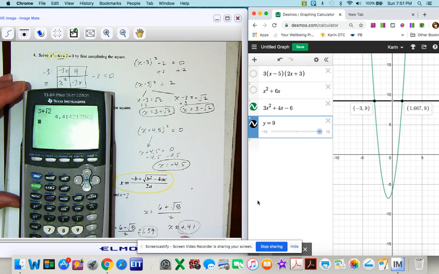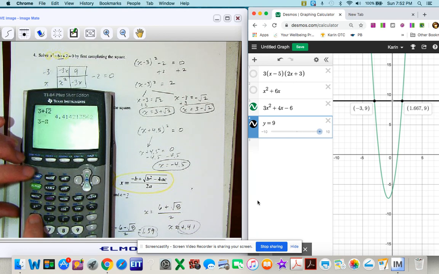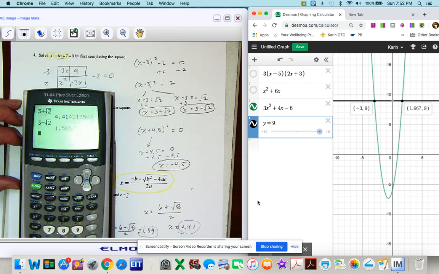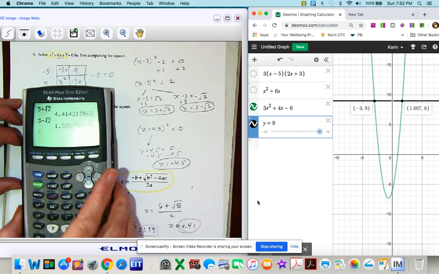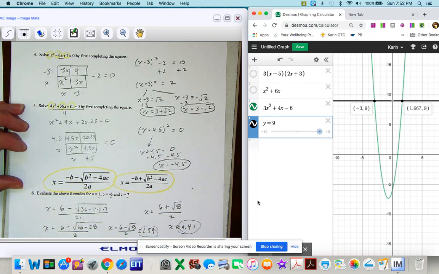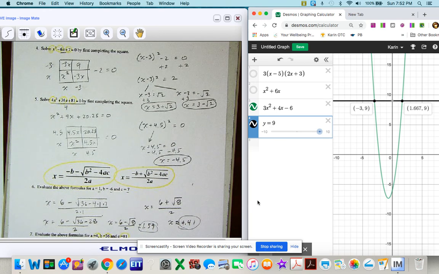Oh, wait, yeah, that is that. 3 minus the square root of 2. Wait, that's this other answer. So somehow this formula gives you the same answer as that. I wonder what that is. Well, I guess you'll have to tune in tomorrow.